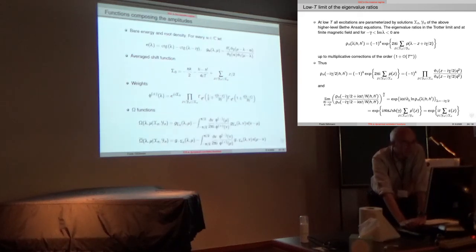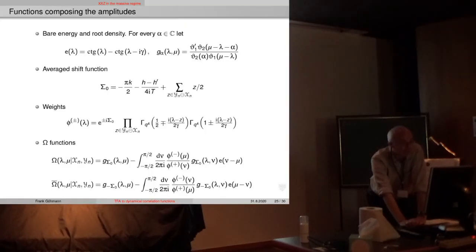Okay, now the amplitudes. For the amplitudes, we need more functions. The bare energy, a difference of two cotangent functions. And we need something like the root density function, which is here given in terms of ratios of theta functions. Sigma 0 is something very simple, basically up to some constant.